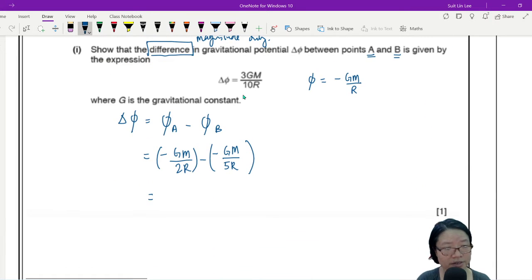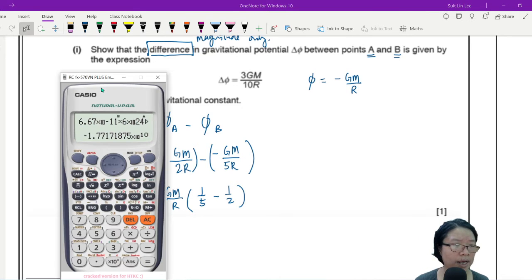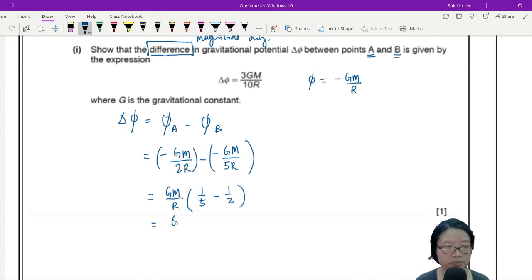Let's factorize the common factors. So this will be Gm over r. In the bracket, negative is positive, 1 over 5 minus 1 over 2. Means I get negative now. Never mind, it doesn't matter. If I take 1 over 5 minus 1 over 2, I believe I will get 3 over 10. Let me try. Or negative 3 over 10. Yes. So how to explain away the negative?